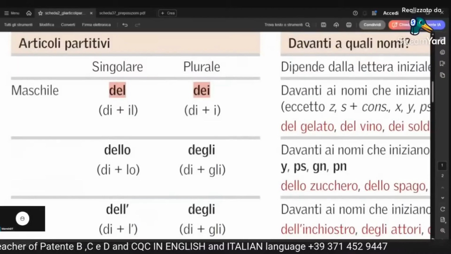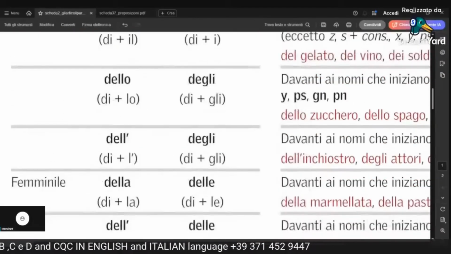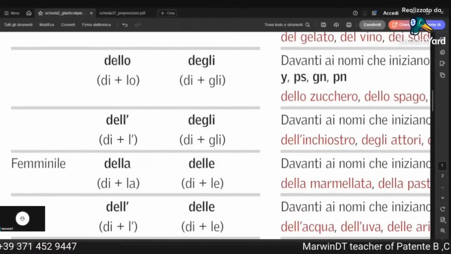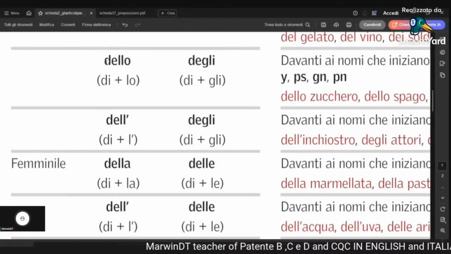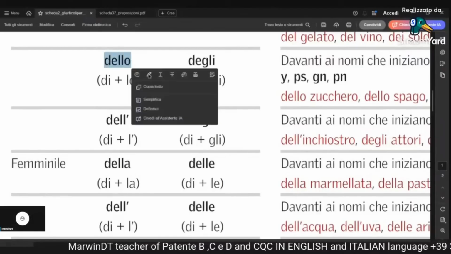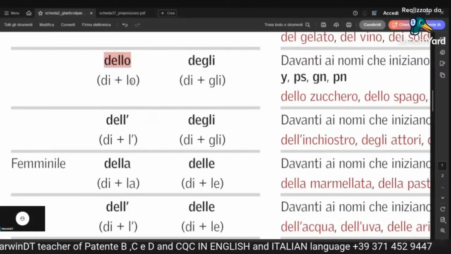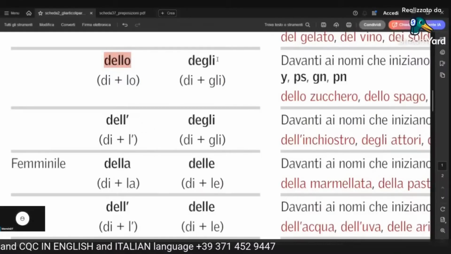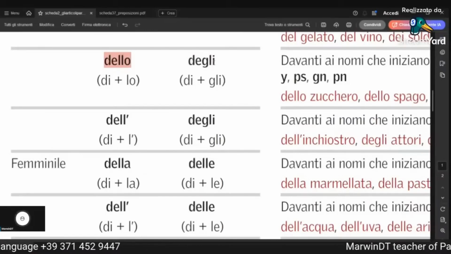Very good. Then moving forward, we have dello. So dello is also formed by what? D plus lo makes dello. Then degli, is formed by D plus gli.